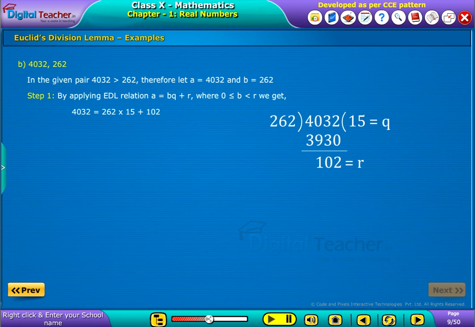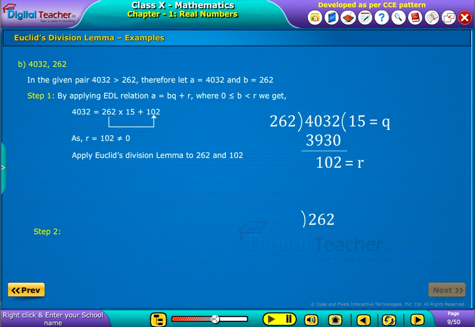So, 4032 is equal to 262 into 15 plus 102. As r equal to 102 is not equal to 0, now apply Euclid's division lemma to 262 and 102.